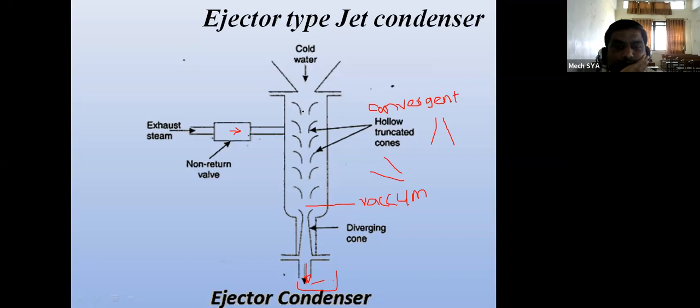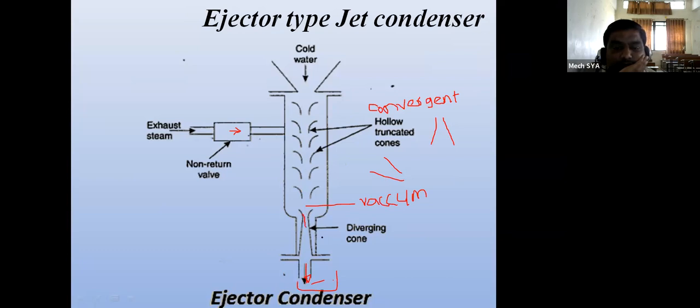Due to this, the velocity goes on increasing and the pressure goes on decreasing. Due to this high velocity, the steam is properly mixed with the cold water and gets converted into condensate. Here the velocity is much more, so mixing will be proper, but the pressure is less. Now we want to increase the pressure, and for that, instead of the convergent cone, we use a diverging cone.